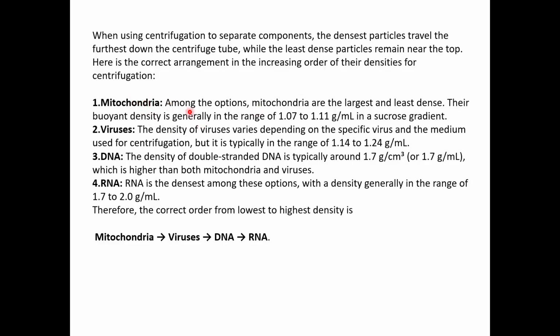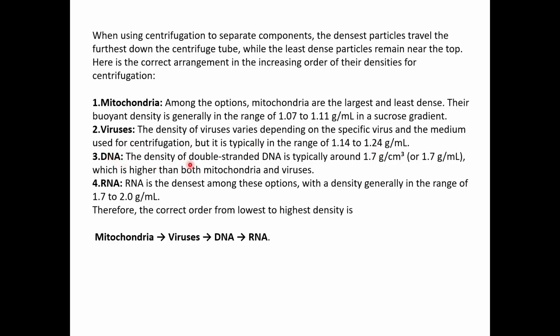So mitochondria, among the other options, are largest and least dense, and their buoyant density is generally in the range of 1.07 to 1.11 in sucrose gradient. And viruses, the density of viruses varies depending on the specific virus and the medium used for centrifugation, but typically the range is 1.14 to 1.24.